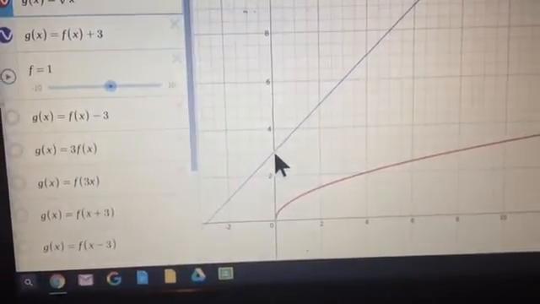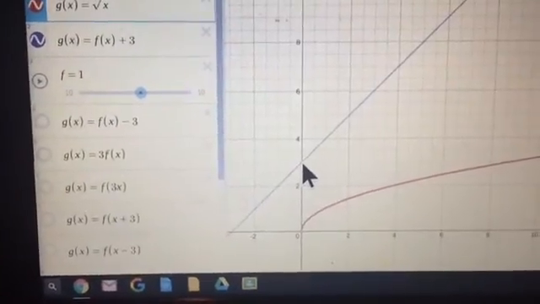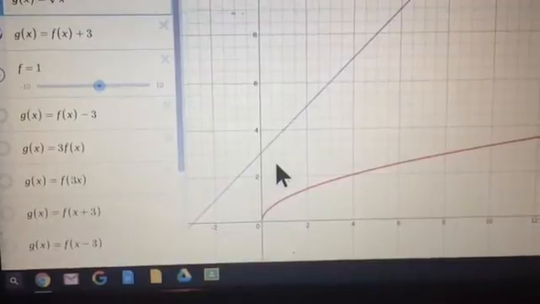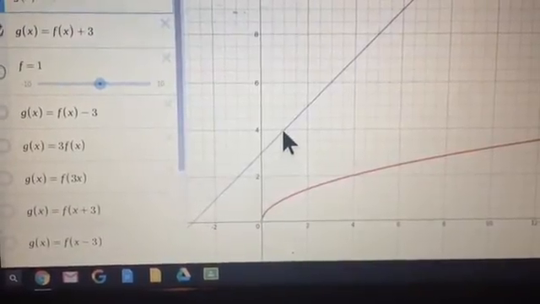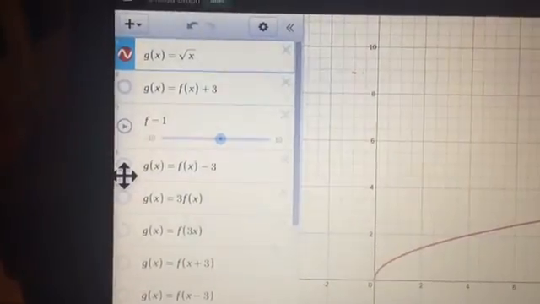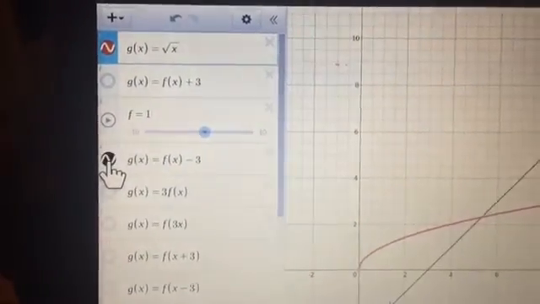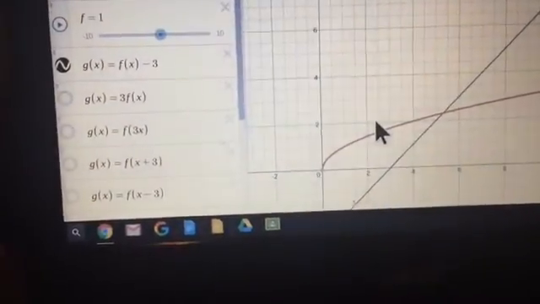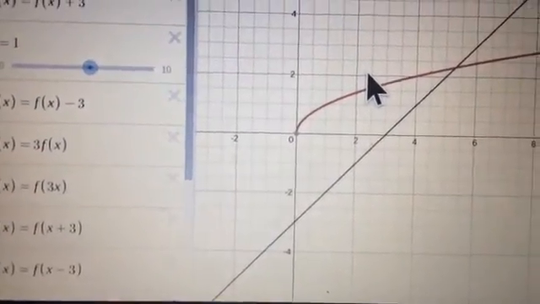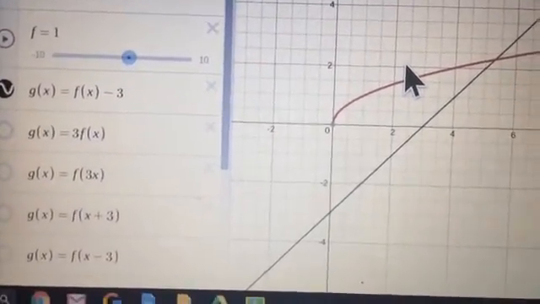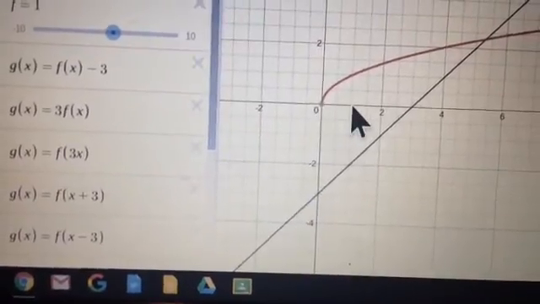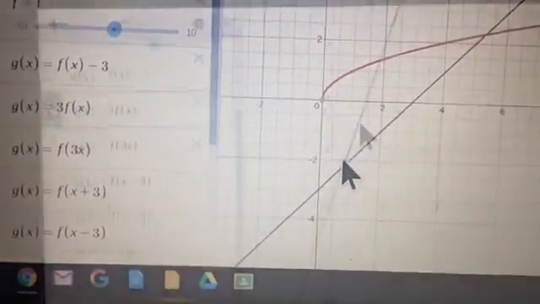So the new point would become 1, 4. Now if we turn on g of x equals f of x minus 3, it's going to cause the line to move down 3 points, and the new point would be 1, negative 2.